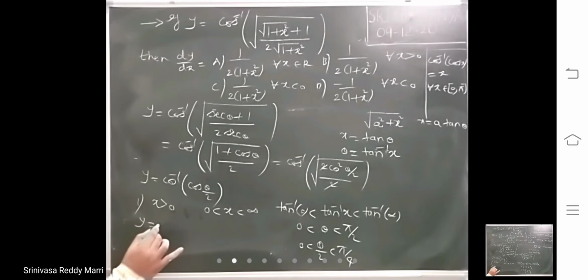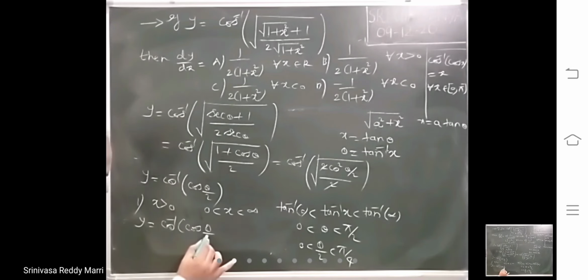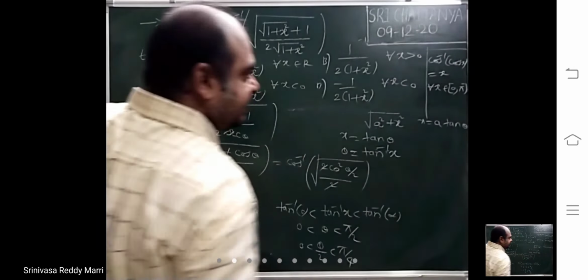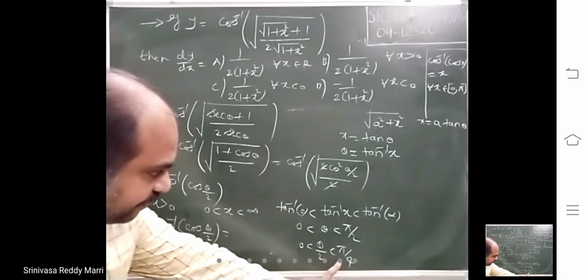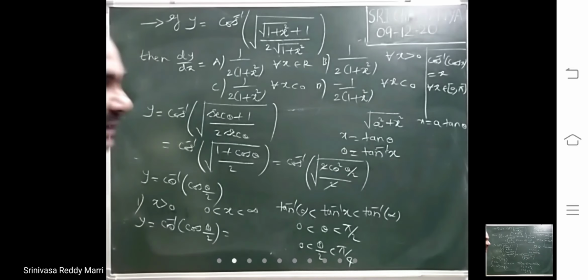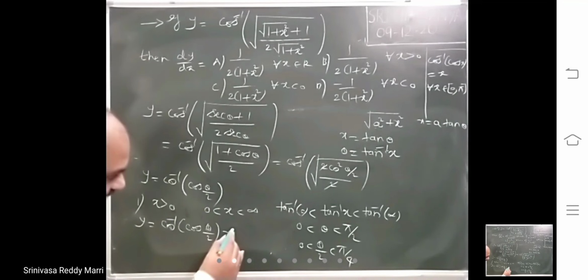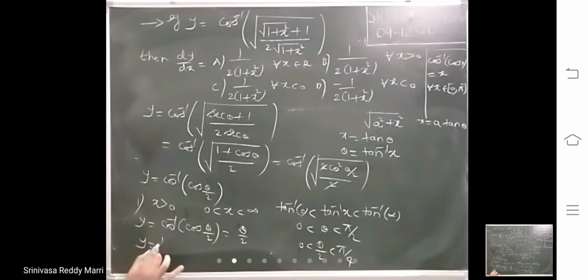So y is actually cos inverse cos theta by 2. The angle must lie between 0 and pi. 0 to pi by 4 is a subset of that, so it will lie in it. That means this is nothing but theta by 2. So y is 1 by 2 into theta, which is tan inverse x.